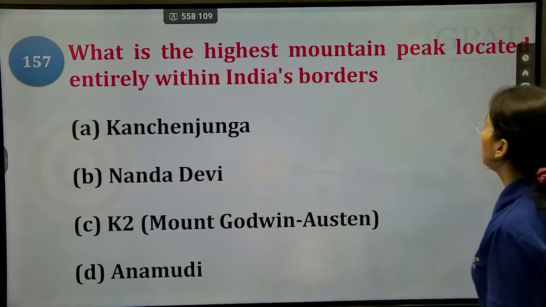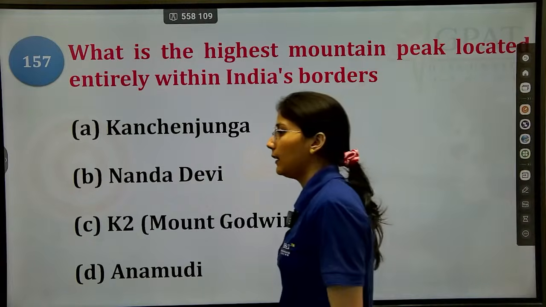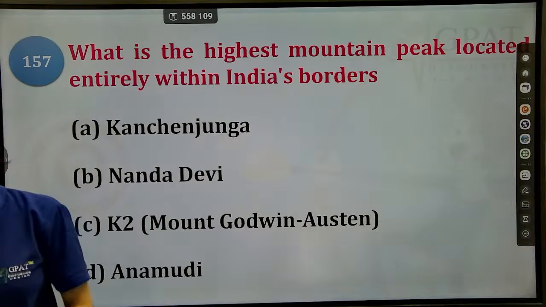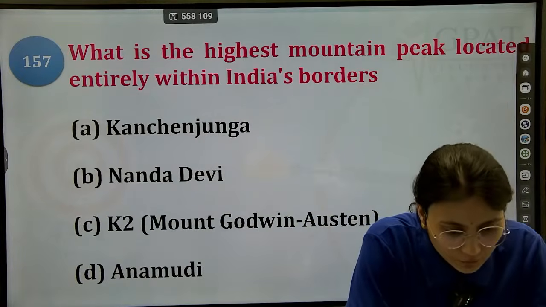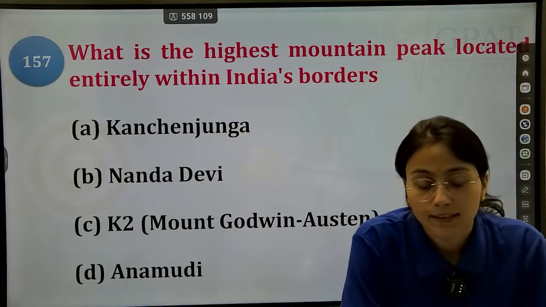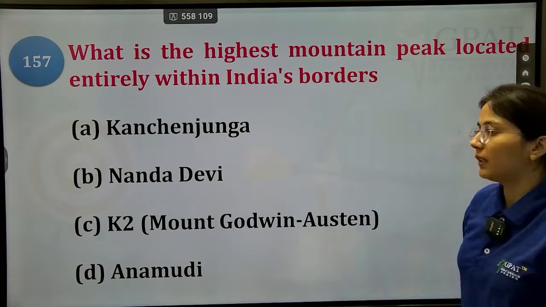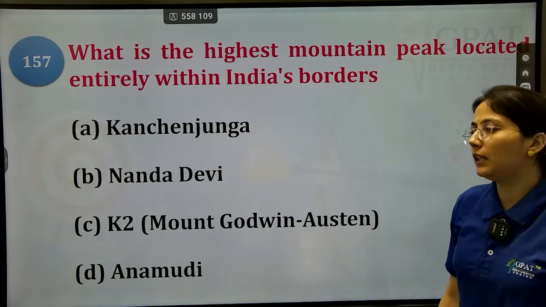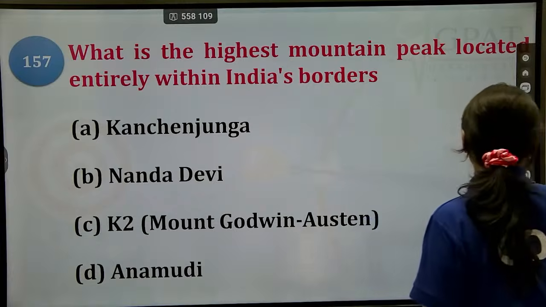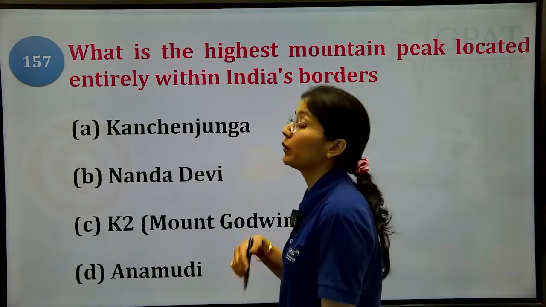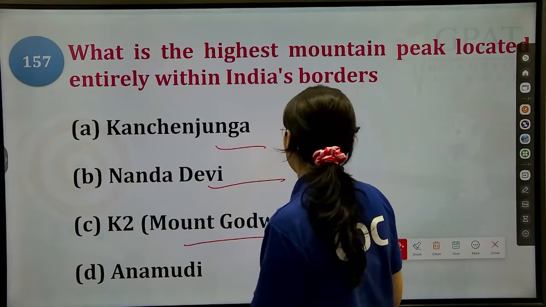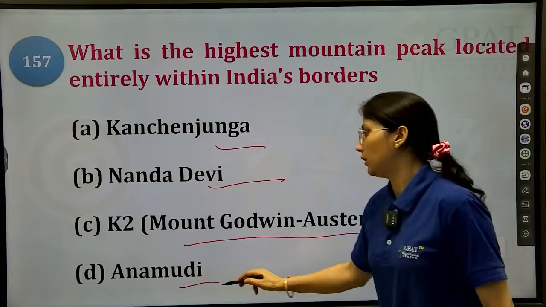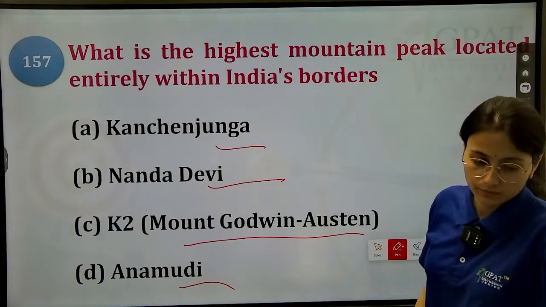Now, what is the highest mountain peak located entirely within India's border? All you know very well the answer of this question. What is the highest mountain peak located entirely within India's border? Kanchenjunga, Nanda Devi, K2 mountain, Anamudi.